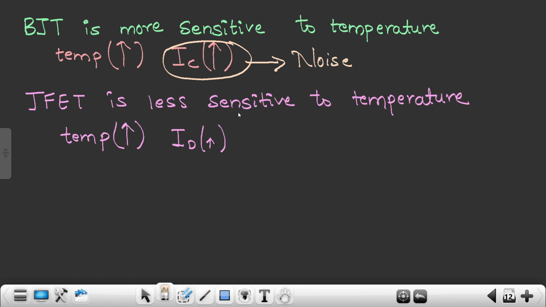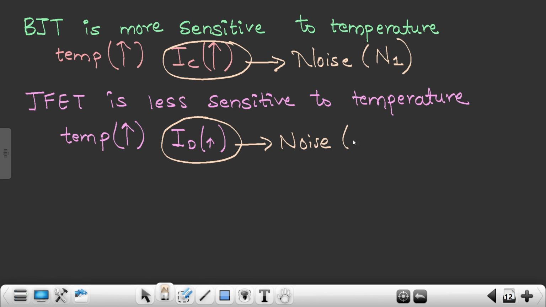Similarly, in case of JFET, even though the surrounding temperature is increasing, the change in current, or the unwanted signal generated in this scenario, again this is noise, but let me write over here. Let's assume the noise generated by BJT is N1, and the noise generated by this JFET is N2.